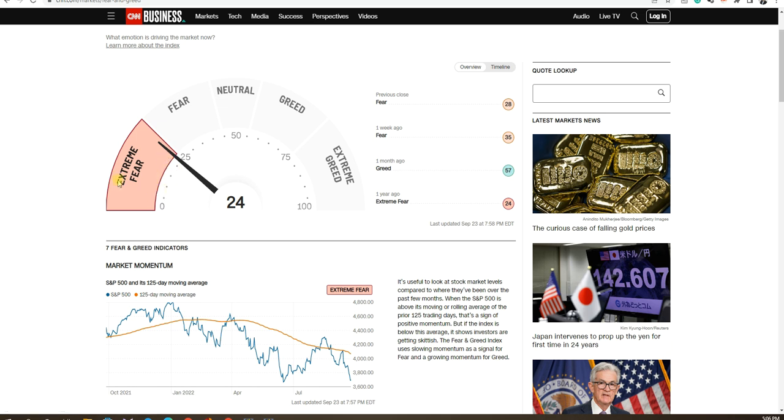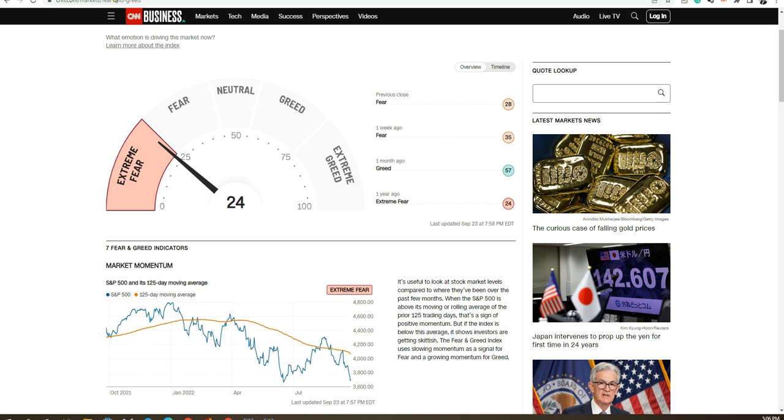But this bottom could be, I don't know, a week or 2 weeks or 3 weeks away, but we are close. It doesn't say specifically we are at the bottom, price action tells us, but this sentiment is signaling, hey, we are due for a bounce. I would say we are due for a bounce, and then we should look at this gauge. If this gauge is getting to greed or extreme greed here, that would be a great signal for shorting the market.